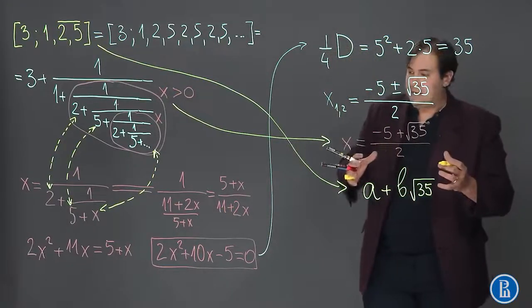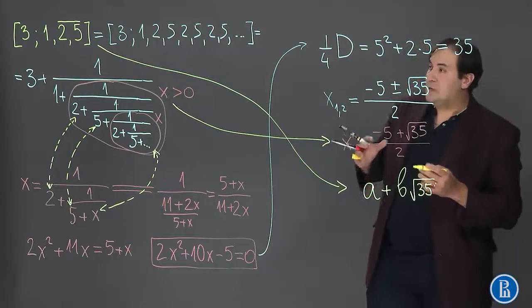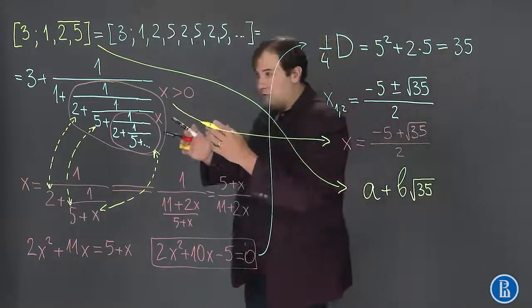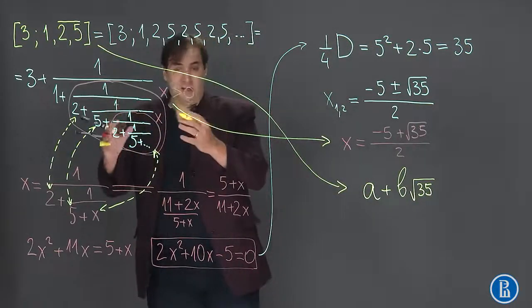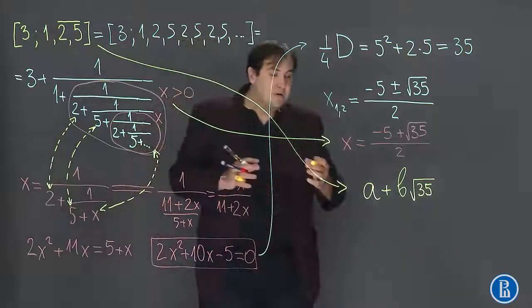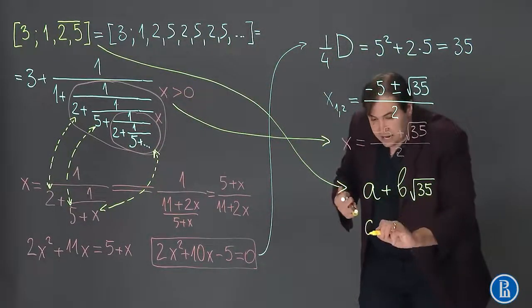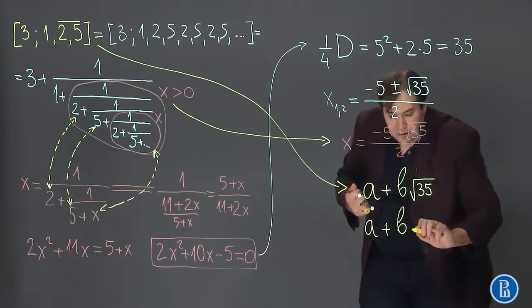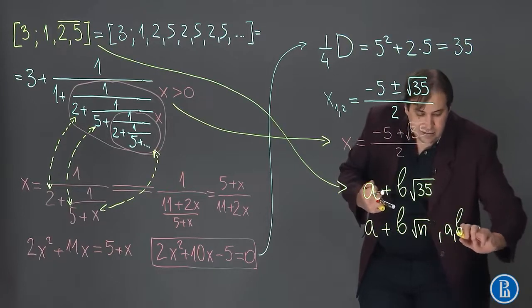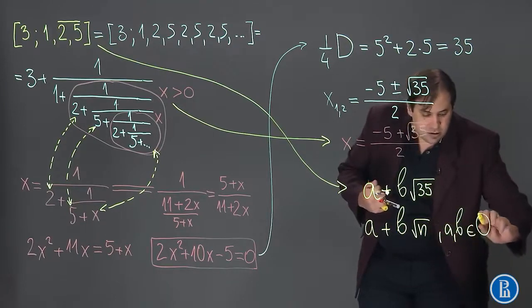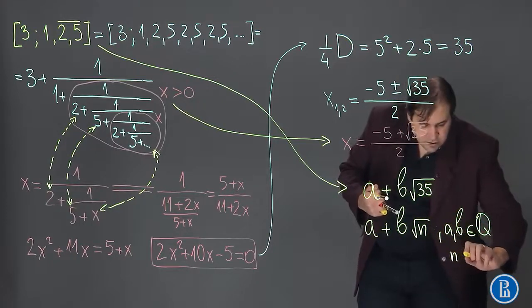So the conclusion is that the value of the periodic continued fraction will always be of the form a plus b square root of n, where a and b are rational and n is a positive integer.